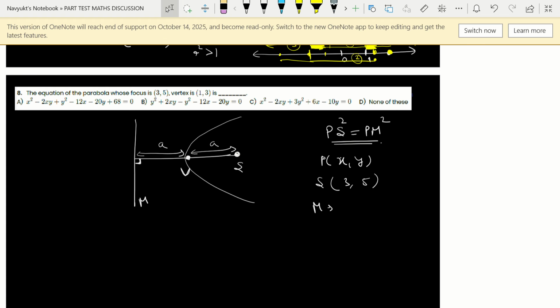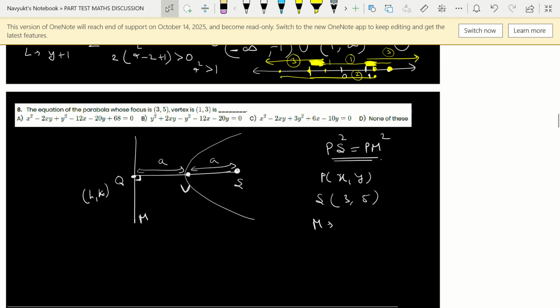So basically, let's say this point is some point Q. Now the vertex V is the midpoint of our focus and Q. Let's give this point the name h comma k. And let's simply use our midpoint formula.